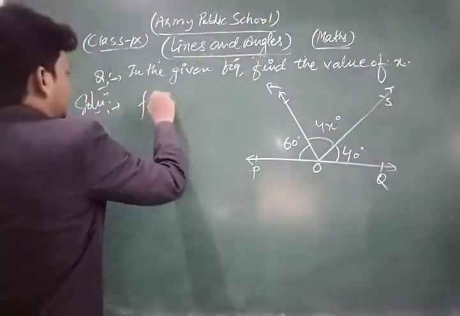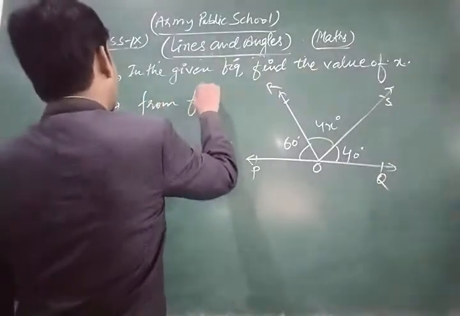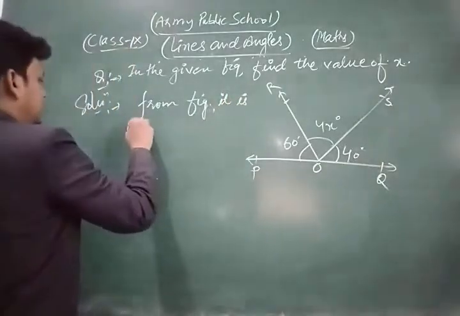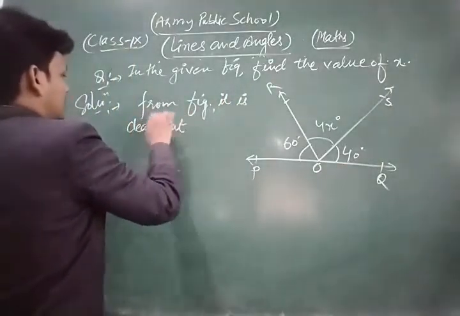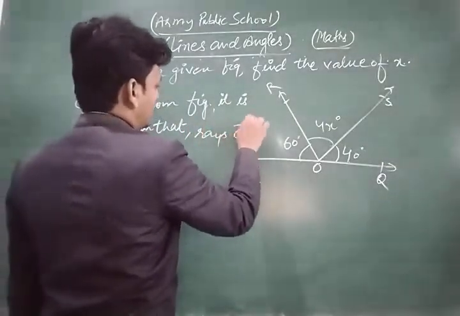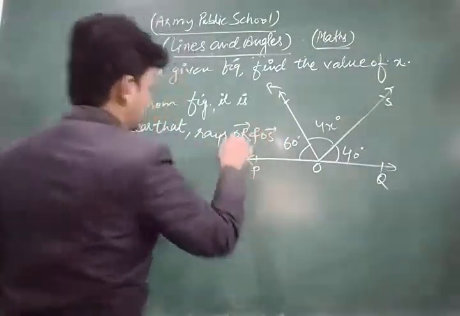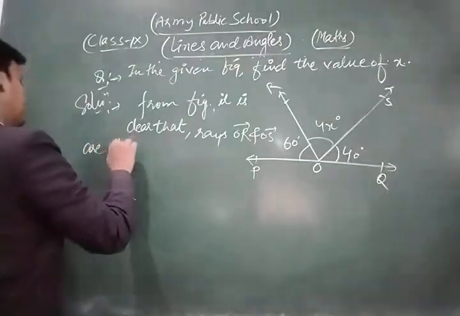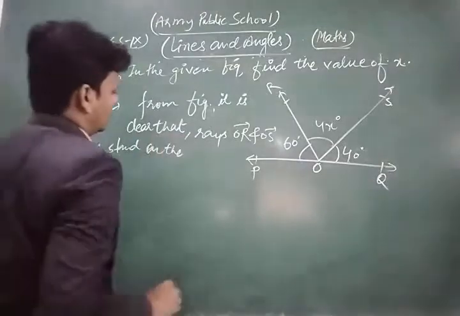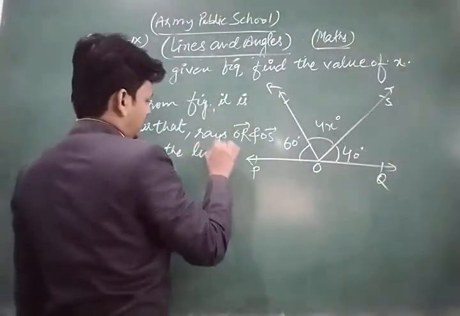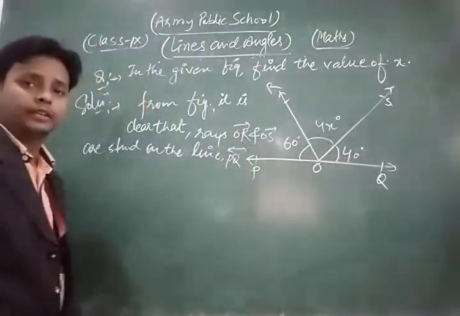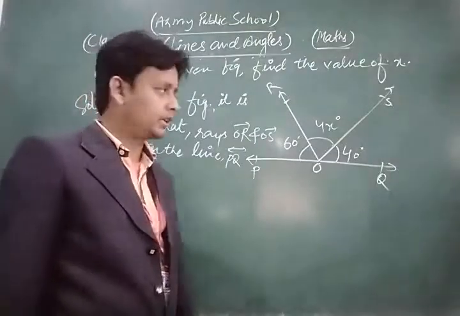From the figure, it is clear that rays OR and OS stand on the line PQ, dear students.